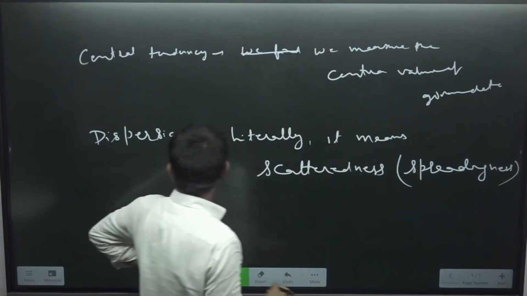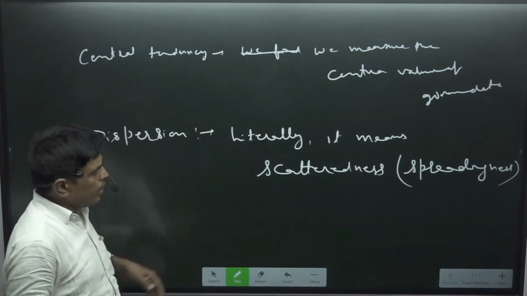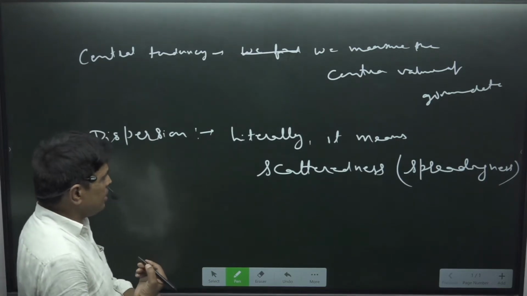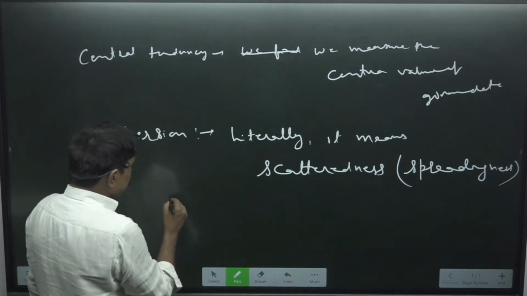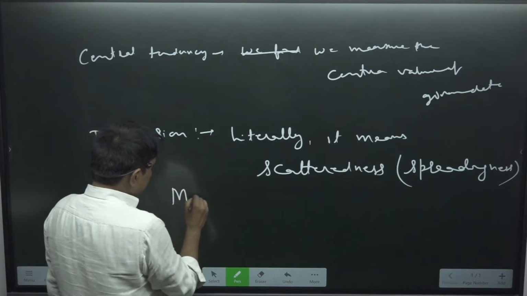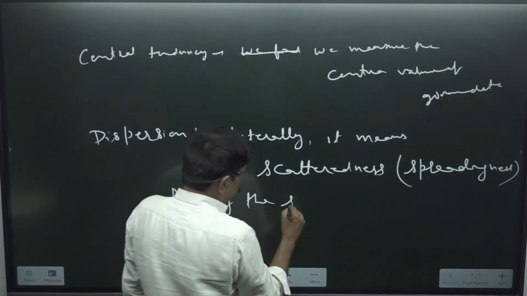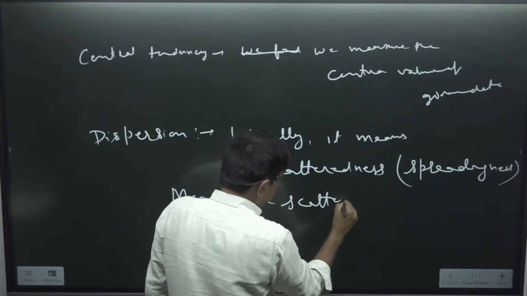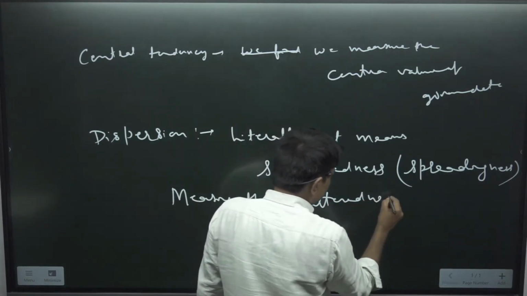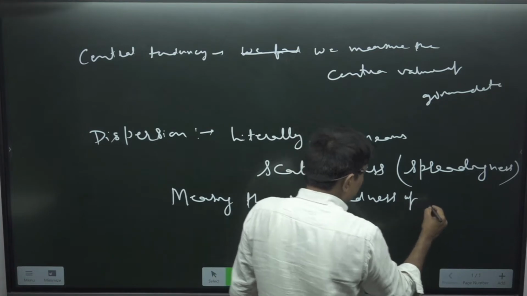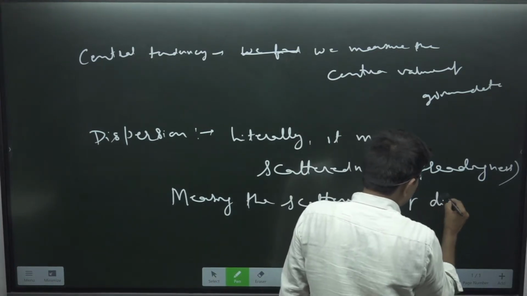Okay. So in dispersion we find the scatteredness of data. That means measuring the scatteredness of distributions.